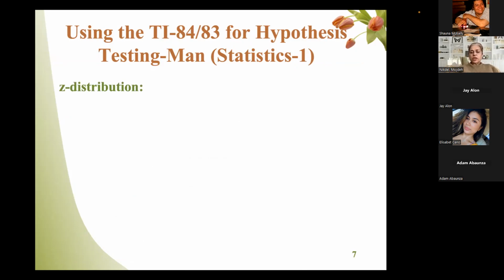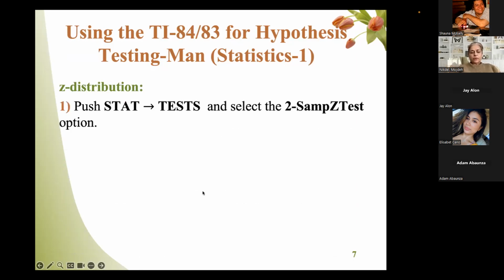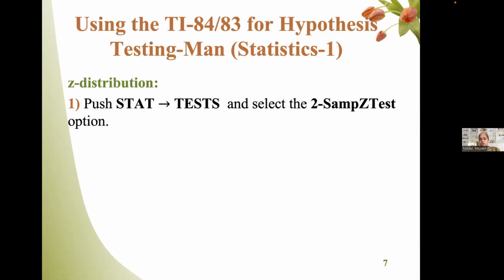Using the TI calculator, we are going to use our calculator. So we are comparing two means and we are using a Z-test. Two means, Z-test. So you click the stat key.